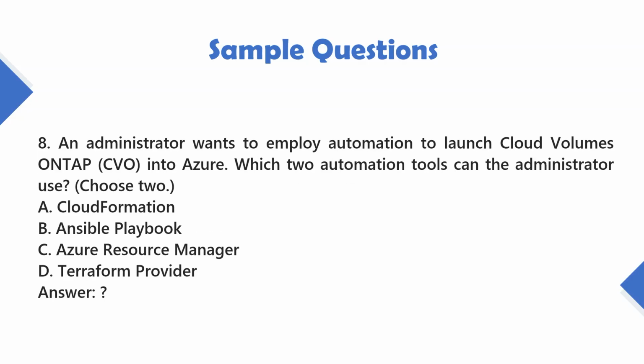An administrator wants to employ automation to launch Cloud Volumes ONTAP, CVO, into Azure. Which two automation tools can the administrator use? Choose 2. A. CloudFormation. B. Ansible Playbook. C. Azure Resource Manager. D. Terraform Provider.